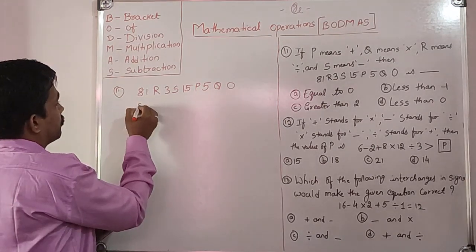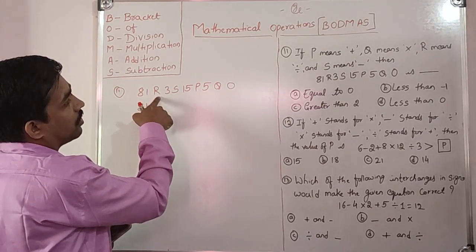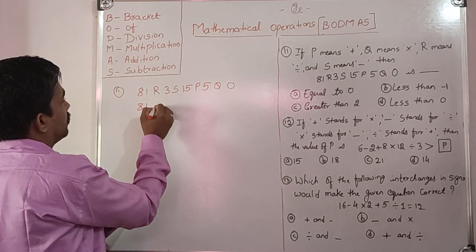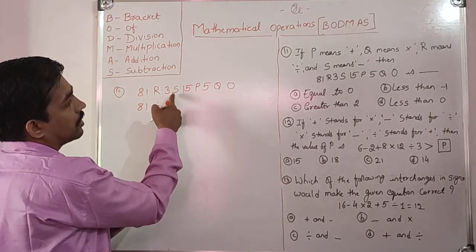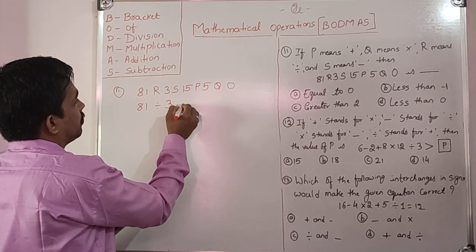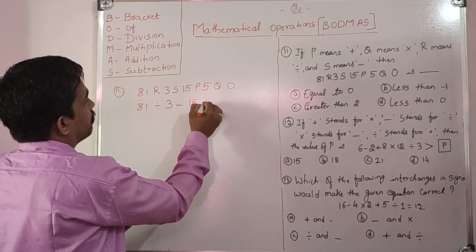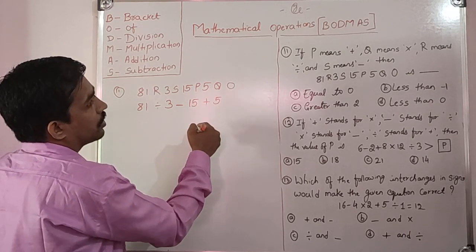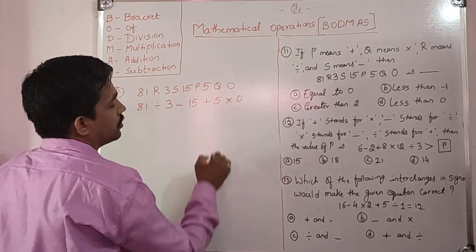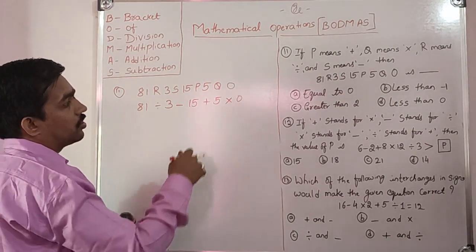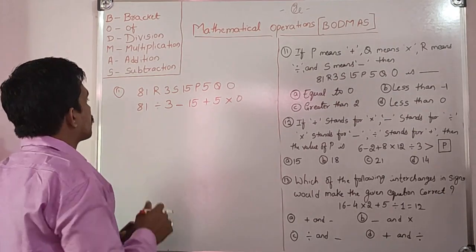So now, what is the value of R? It is divide, and 3. S means minus 15. P means plus 5. Q means into and 0. So we have to first solve this and then we have to choose the correct option.